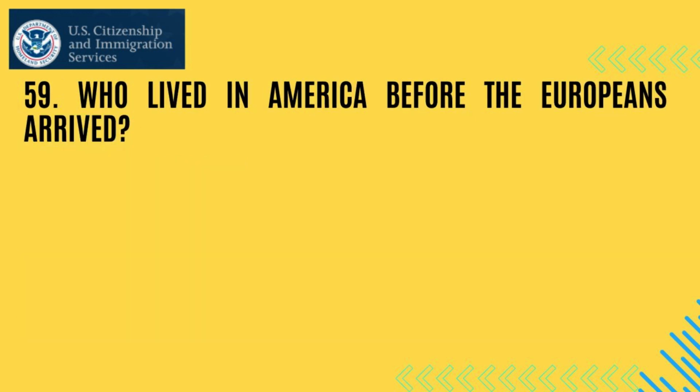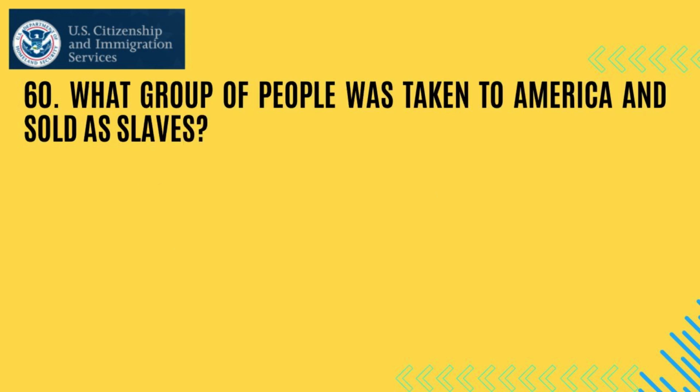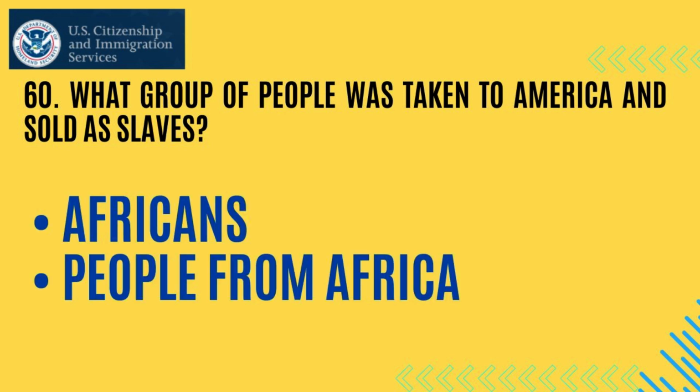Who lived in America before the Europeans arrived? American Indians, Native Americans. 60. What group of people was taken to America and sold as slaves? Africans, people from Africa.